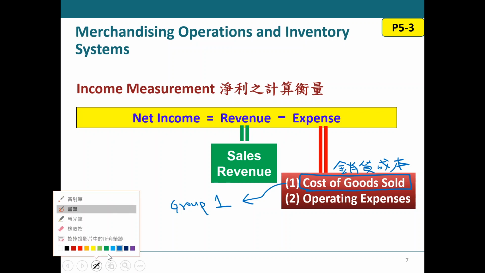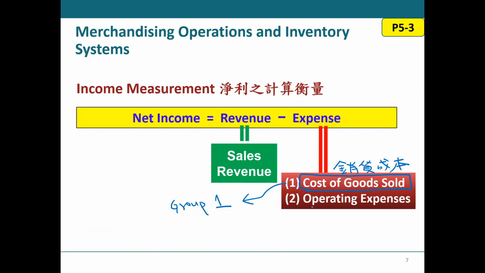Second group, we call it operating expenses. This is the second group, 营业费用.